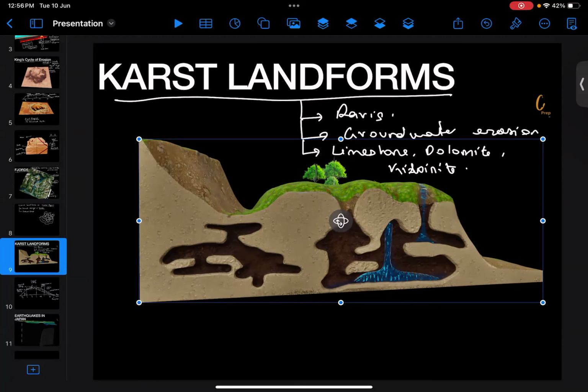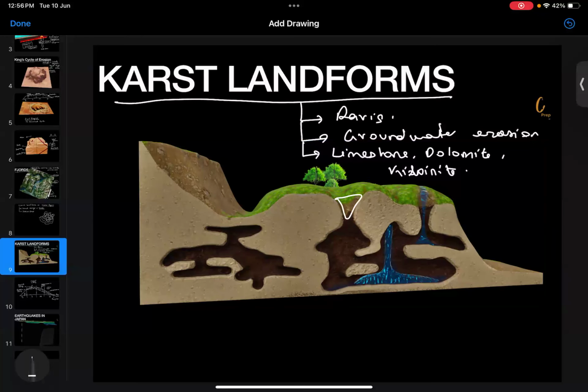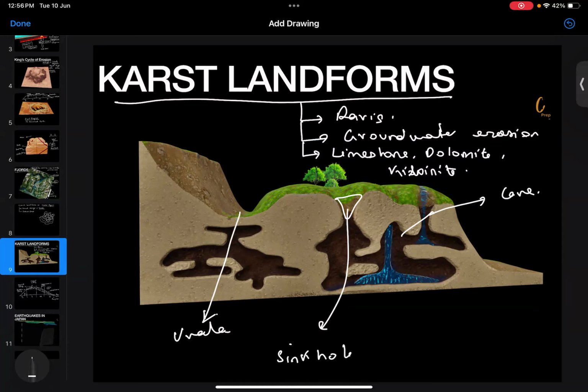In this landform we can see that first there is development of a sinkhole. Okay, this is sinkhole. Then there is development of a cave. Okay, a cave is formed here. Then here we can see the formation of Uvala. And here we see that there is movement of water taking place in this part.